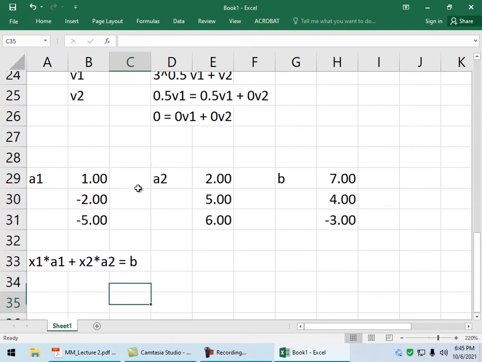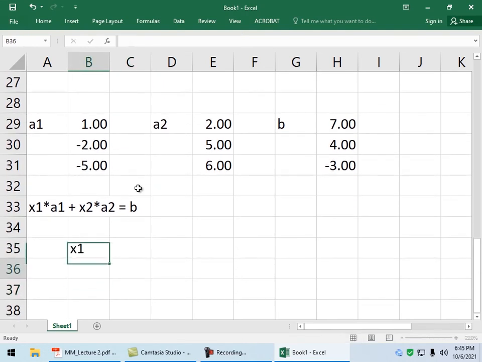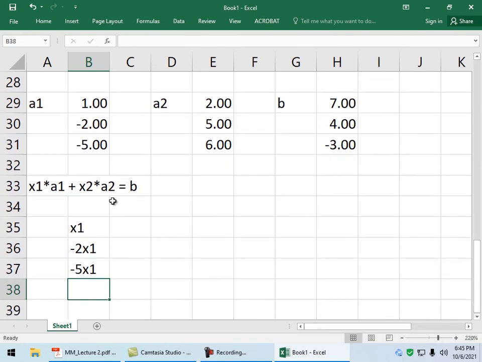It will be x1 instead of 1, and minus 2x1, and here minus 5x1. So we just multiplied x1 on this vector. Then we add, accordingly, x2 times this, which will produce 2x2, 5x2, and 6x2.